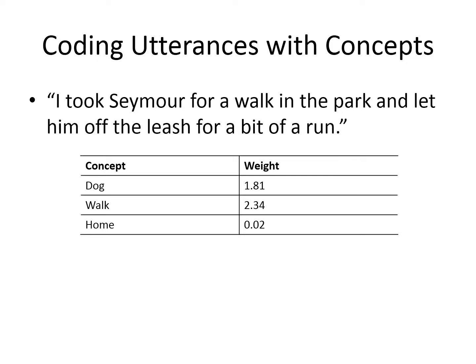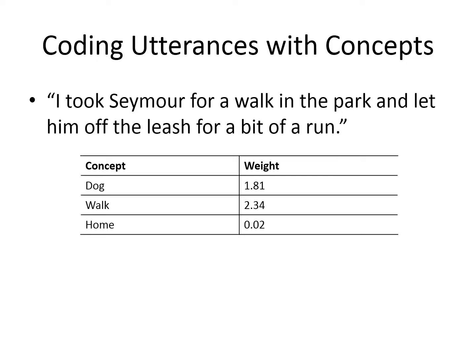Home as a concept isn't really present there, and there could be many other concepts that might not be present, and I just included one in that example, the concept home. But the important two here are dog and walk. In this example, the text doesn't actually mention the word dog, but the concept dog, if we think back to that example I gave before, is implied through evidence terms such as leash, or park, or walk, or even Seymour, because this concept model will have been built from that text itself in a conversation, which might have linked Seymour to other aspects of what it is to be a dog.